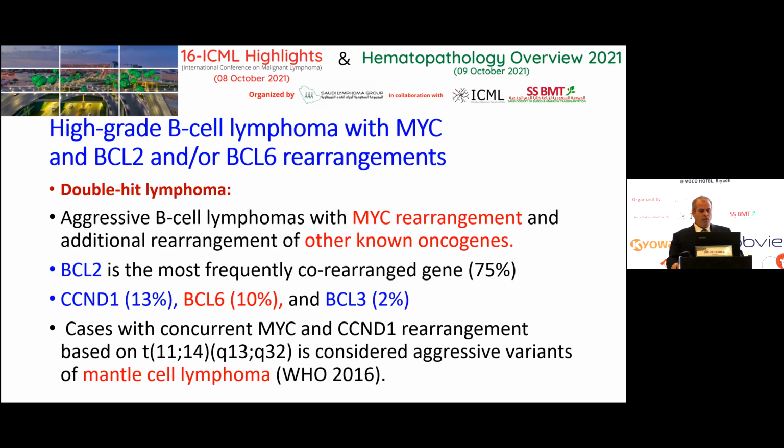But in the WHO, if MYC is rearranged with CCND1, it is diagnosed as an aggressive variant of mantle cell lymphoma. So if we have MYC rearrangement with CCND1 at the same time, it is not considered double hit. It is a mantle cell lymphoma with aggressive variant. Similarly, MYC with BCL3 is still not considered double hit. So double hit is MYC gene rearrangement with BCL2 or BCL6, or triple hit.